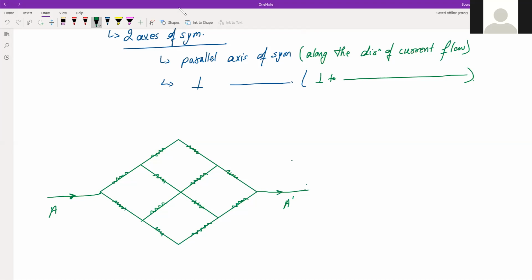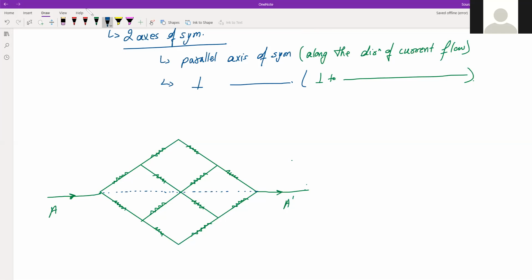Right, now if there is an imaginary axis joining the points A and A dash, if I'm able to join them by an imaginary line, then first the circuit is symmetric, and it cannot be symmetric just like that. For this the resistors have to be symmetrically equal.